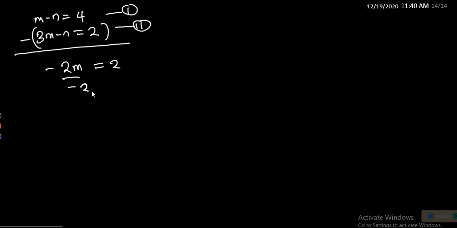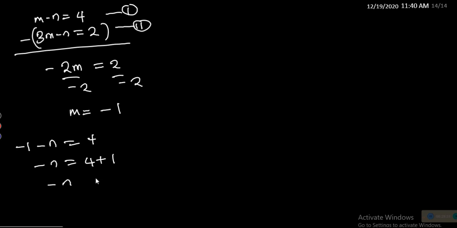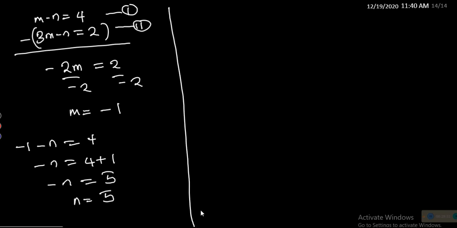So dividing this by 2, we have m equals minus 1. And substituting there, we have minus 1 minus n equals 4. So minus n equals 4 plus 1. So minus n equals 5, and then n equals minus 5. So therefore we can conclude that m equals minus 1 and n equals minus 5. So minus 5, guys, are the values of m and n.